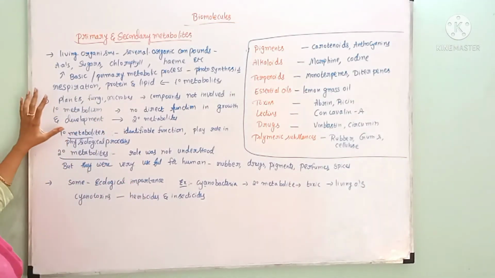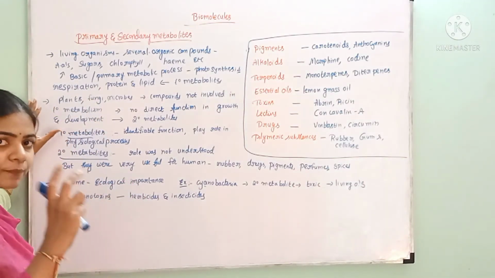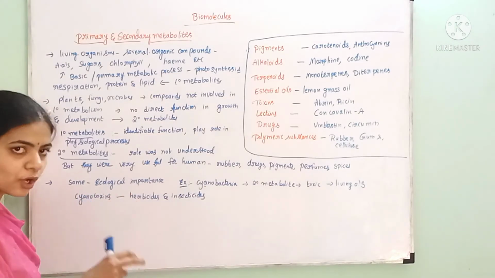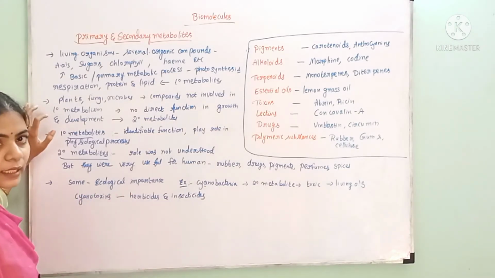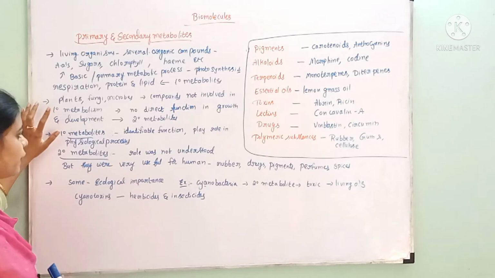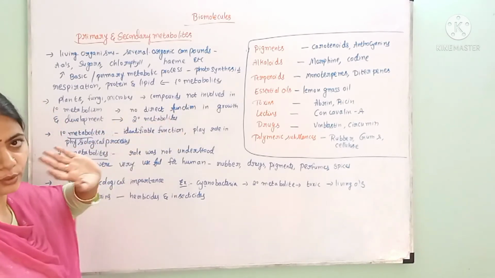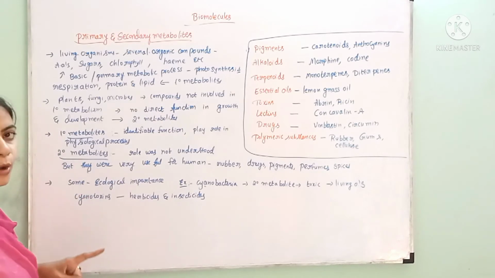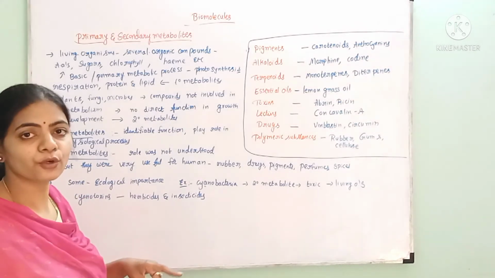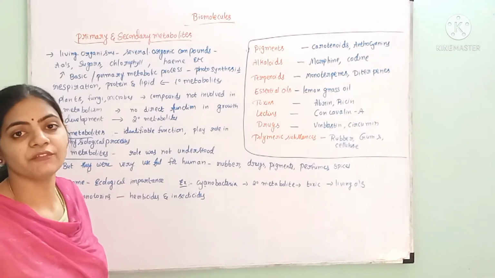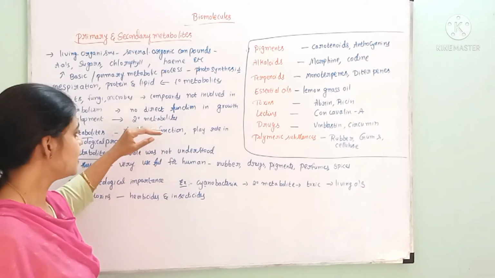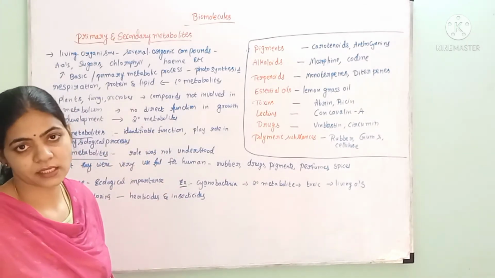But some living organisms produce different compounds which are not involved in the growth and development, that is, primary metabolism of the living organism. They do not have a direct function in growth and development. Those compounds which are not helpful for the growth and development of living organisms are called secondary metabolites.